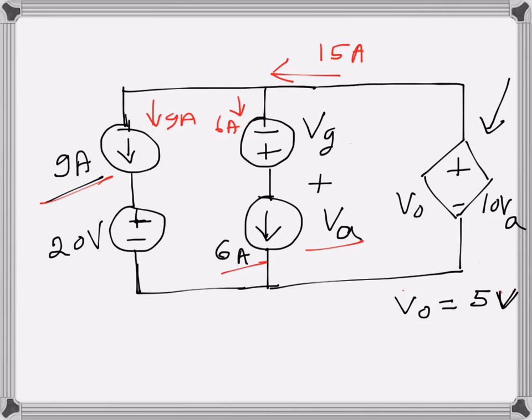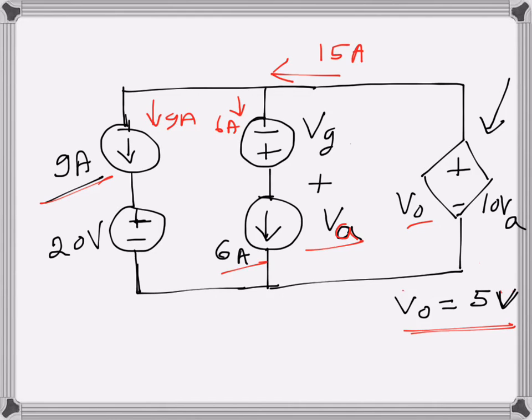Now looking at the direction of the current and the polarity of the sources, we can identify whether any source is supplying power or dissipating power. V0 is given, which is 5 volt, and this voltage VA is V0 over 10, since V0 is equal to 10 VA.